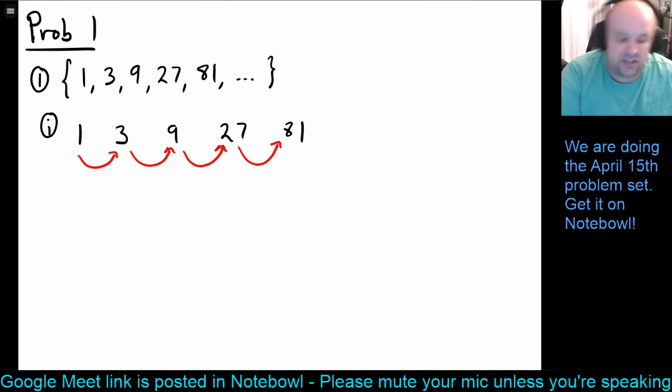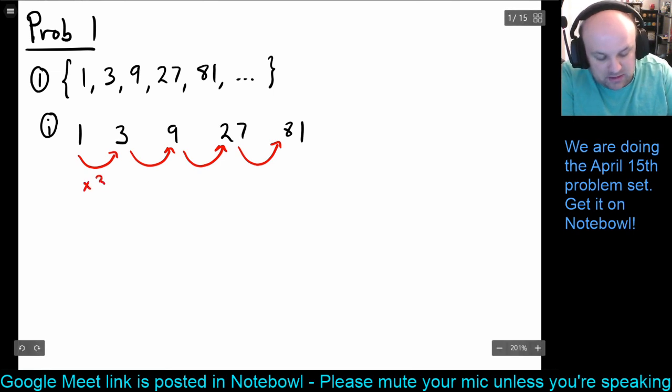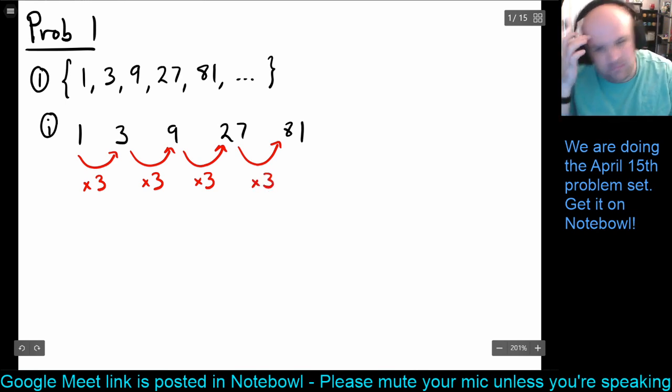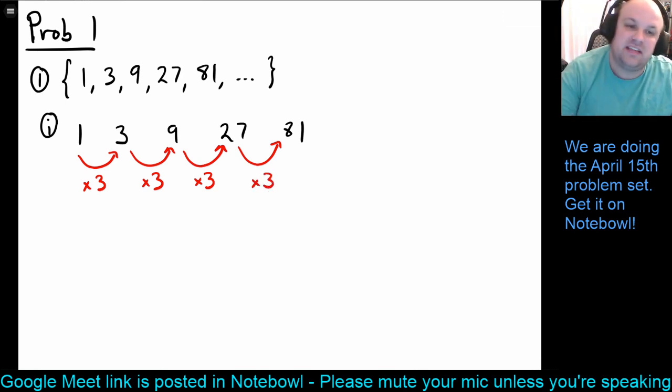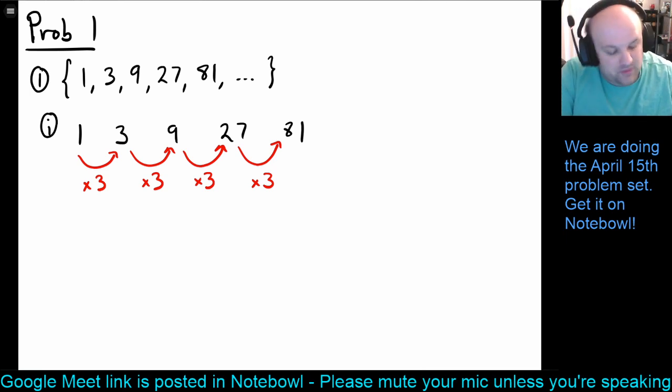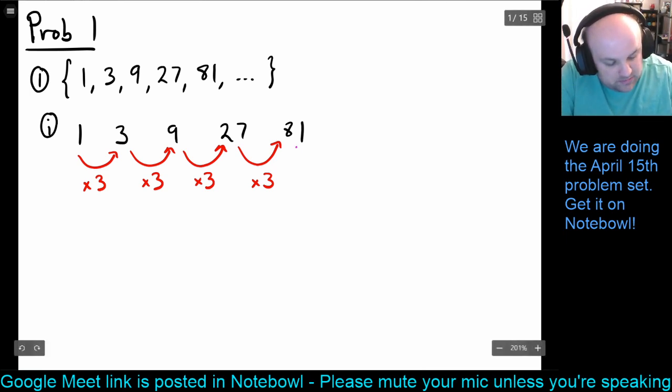We can see each time we're multiplying by 3. Since that seems to be the pattern, to get the next terms, I multiply by 3, and then whatever I get there, I multiply that by 3.